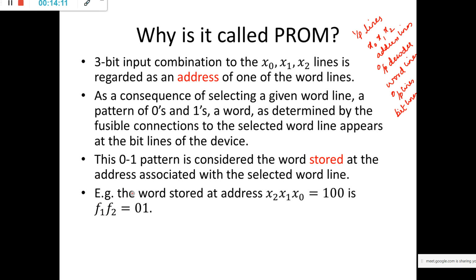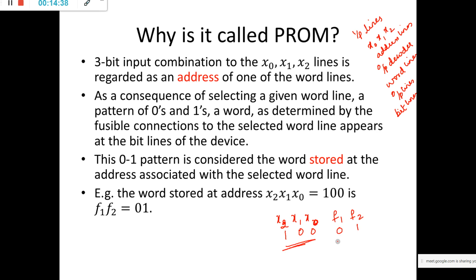For example, now here the word stored at the address X2, X1, X0 equal to 1, 0, 0 is F1, F2 equal to 0, 1. That is, when X2, X1, X0 are 1, 0, 0, F1, F2 values are stored as 0 and 1.